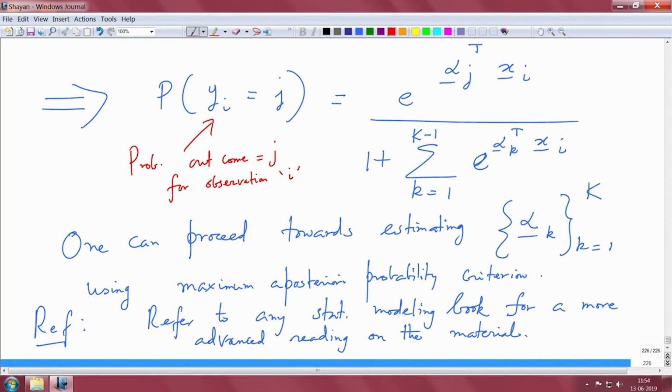Now, the goal would be towards estimating these regression vectors alpha k, small k equals 1 to capital K, and using the maximum a posteriori probability criterion we can compute this. For the details of this derivation for the multi-class problem you can refer to any statistical modeling book, but for the interest of this class we will stop here, because this is where our regression ends.